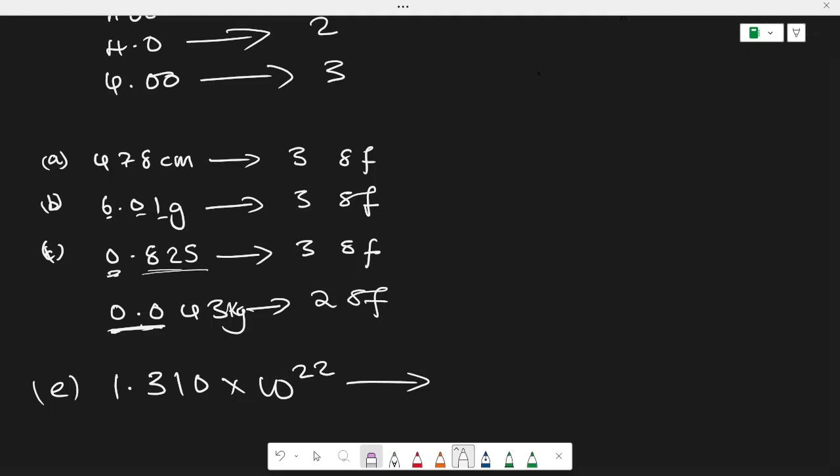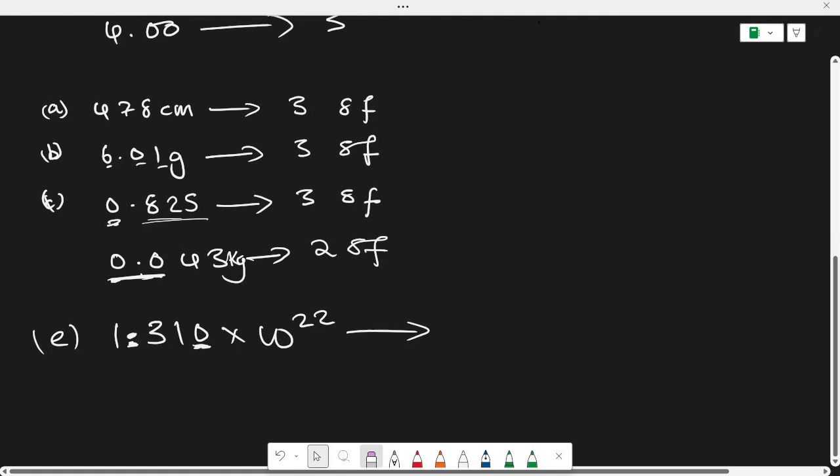Well, you find that this has 4 significant figures because we said that if a 0 is coming after a non-zero digit, when you are already after a point, it is significant. Okay, so we are already past the decimal point here, and we have a 0 somewhere, so that 0 is significant. So this is going to be 4 significant figures.